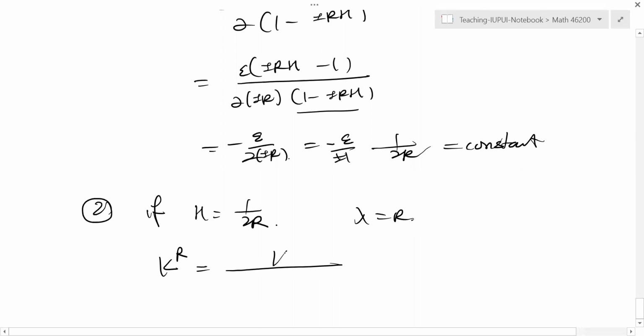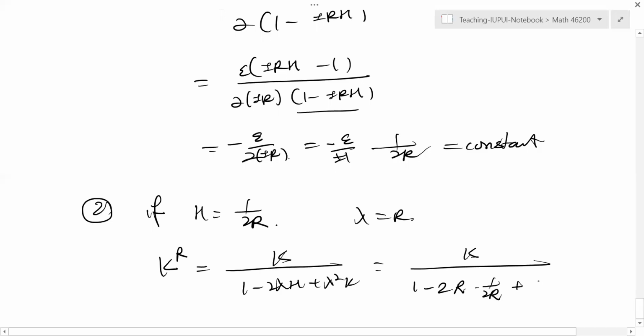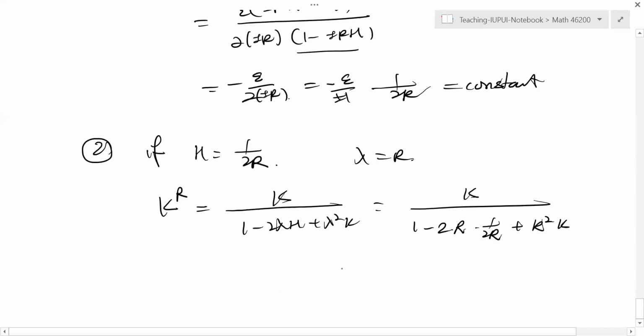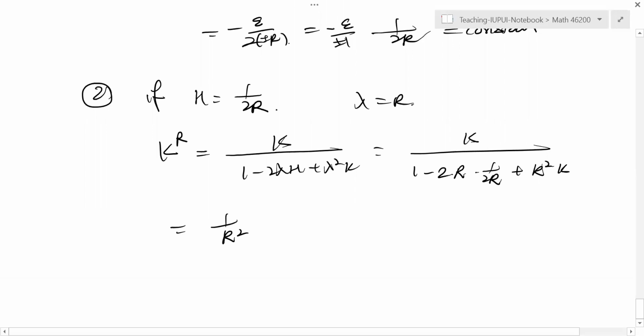Remember K times 1 minus 2 lambda H plus lambda squared K. So here is K, so this will be cancelled out. Lambda is R, H is 1 over 2R, and you will see that it's just equal to 1 over R squared. So you get a constant curvature.